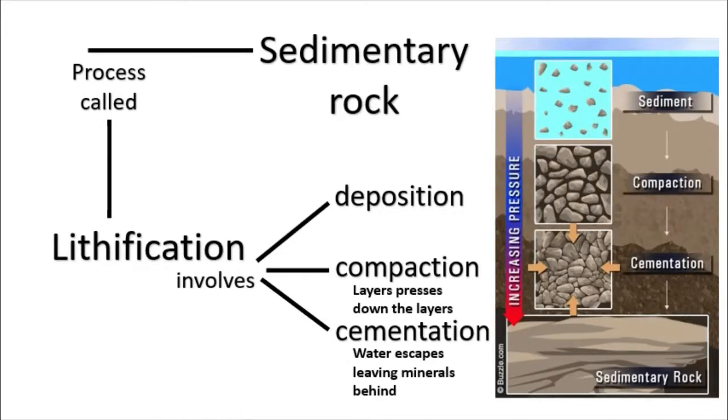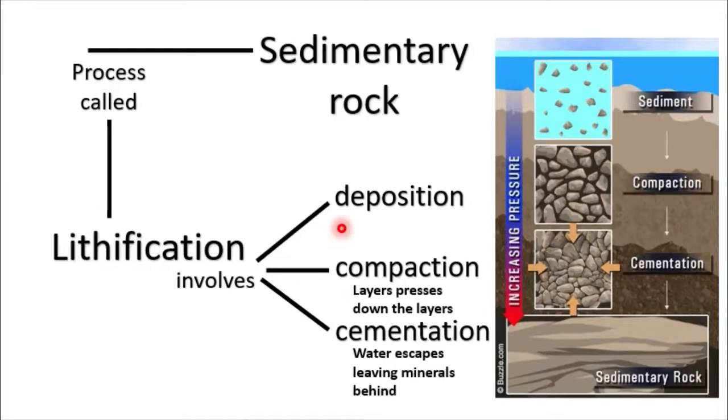So the main term that is used in the process of making sedimentary rock is called lithification. So lithification has three different components. The first component of lithification is deposition. So deposition is basically the deposit of minerals and organic materials combined on the surface of the ground.